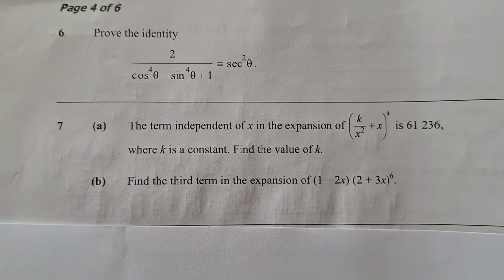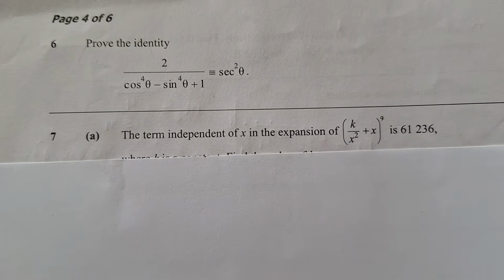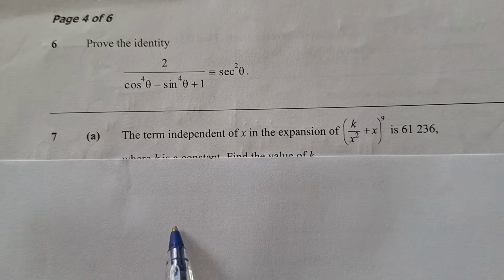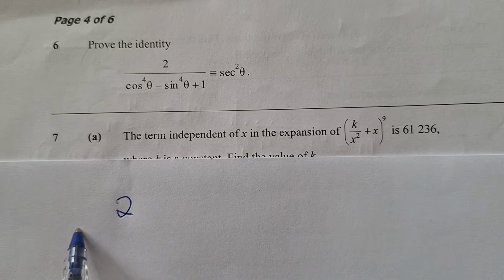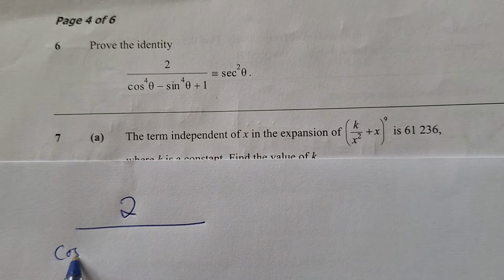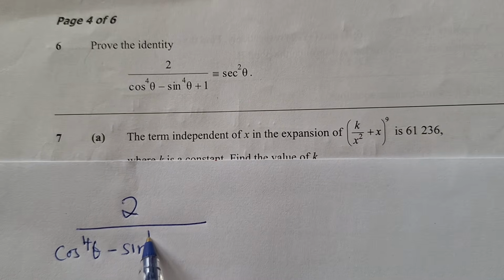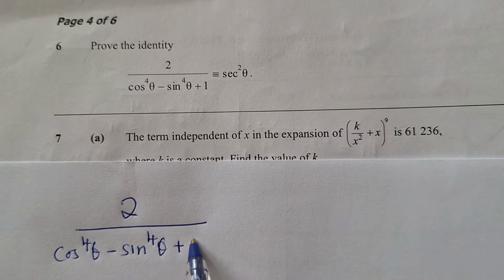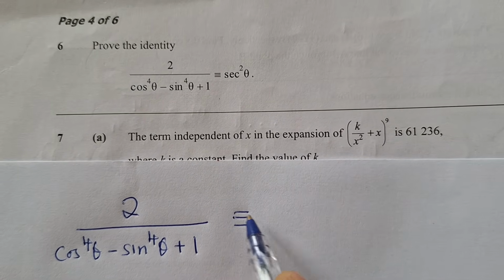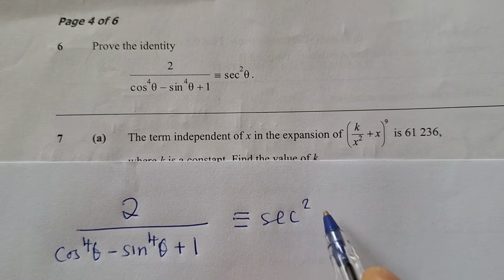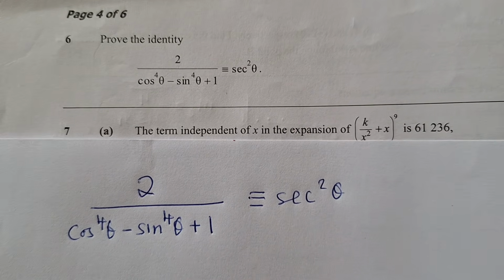Question number 6 here, they are saying we prove the identity. So we've got 2 over cos power 4 theta minus sine power 4 theta, plus 1. This is equivalent to sec squared theta.